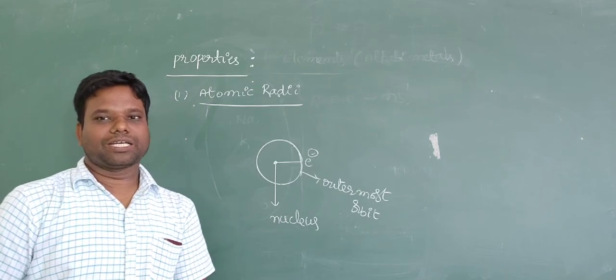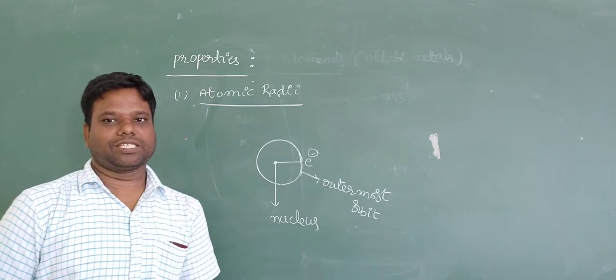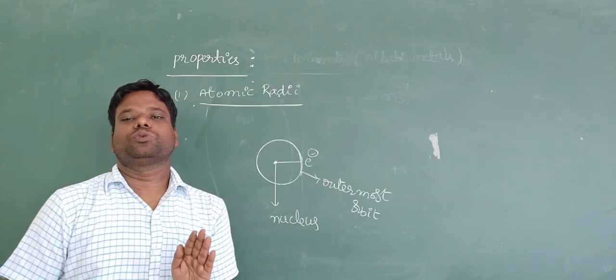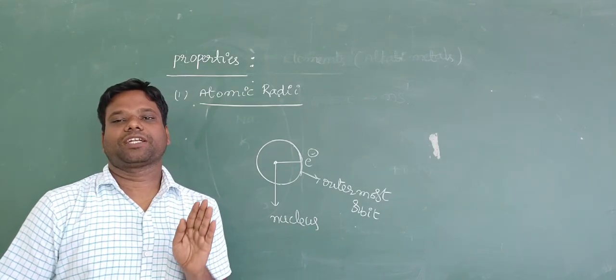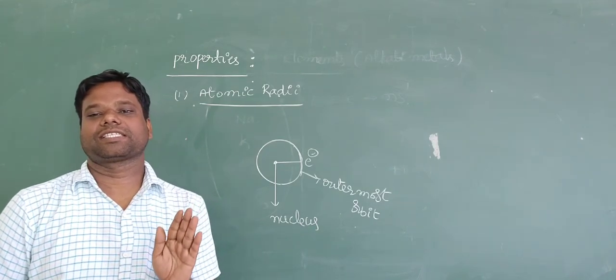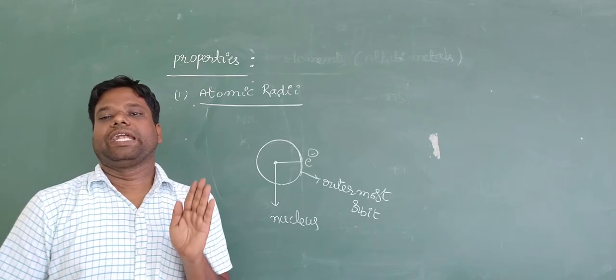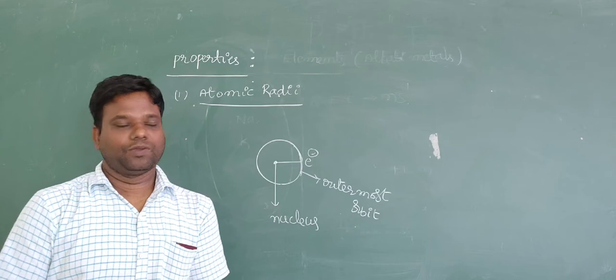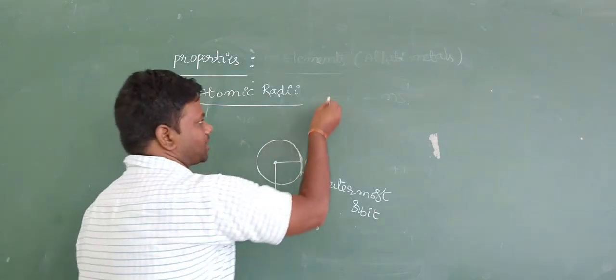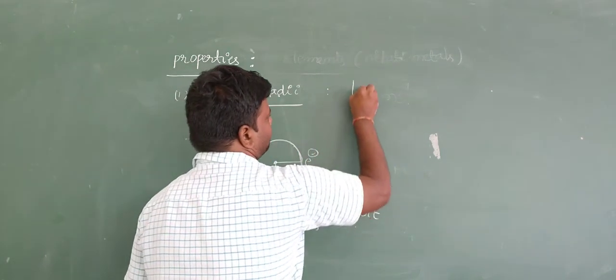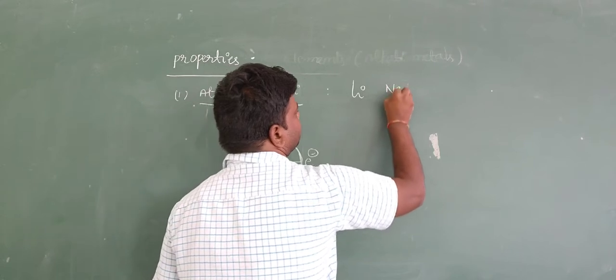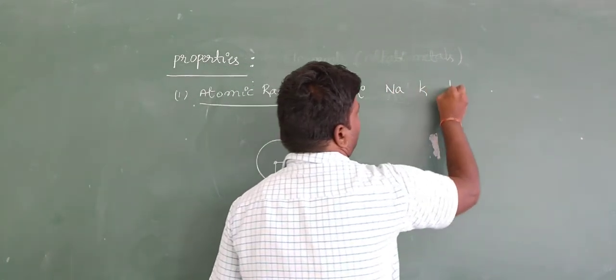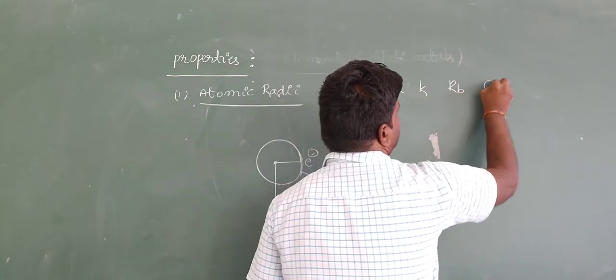Down the group, atomic radius increases. That means from lithium to cesium, atomic radius increases with increased number of energy shells. Look here, atomic radius order: lithium, sodium, potassium, rubidium, cesium.